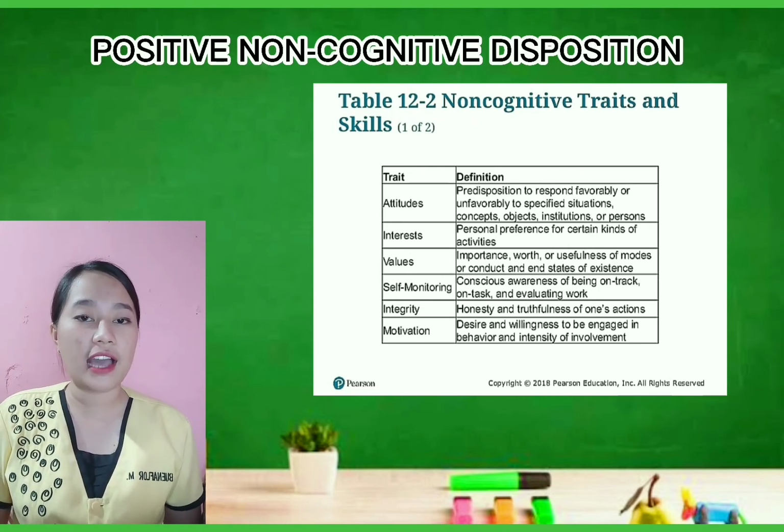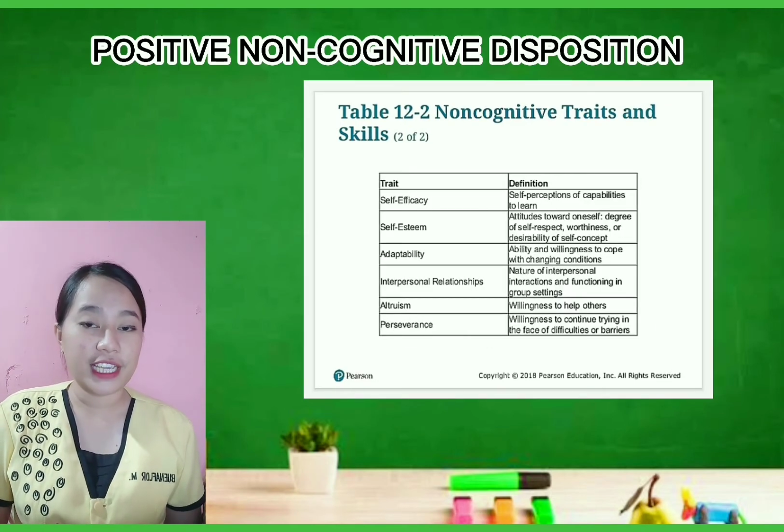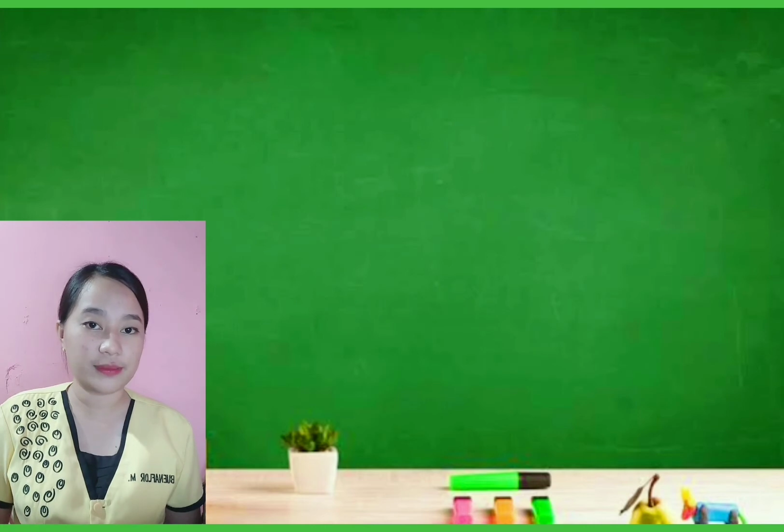So we also have values, which give importance and worth. And the other traits are self-monitoring, integrity, motivation, self-efficacy, self-esteem, adaptability, interpersonal relationship, altruism, and perseverance.